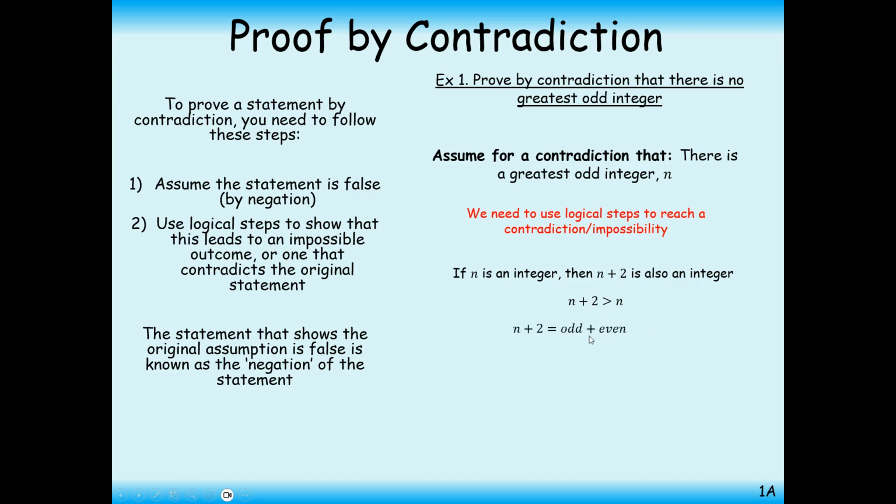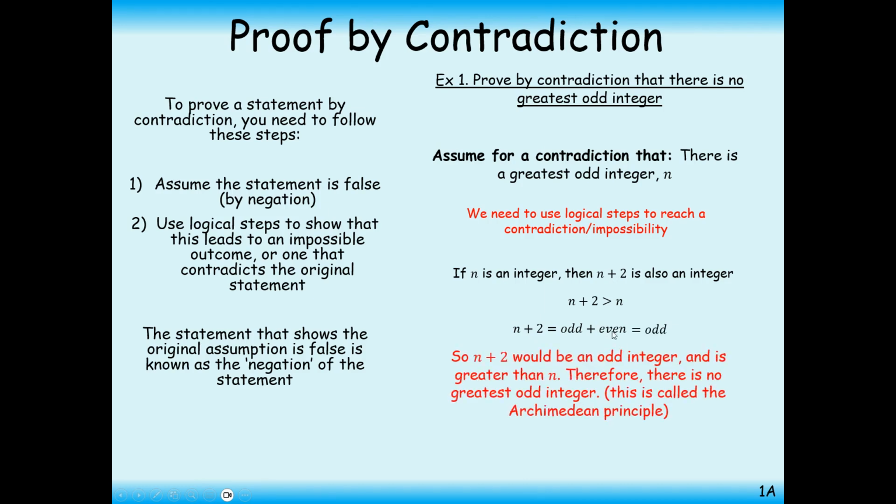Now, if you remember, adding 2 to an integer will leave it an odd number. So n plus 2 is an odd number. Now we have a contradiction: the second odd number, n plus 2, is actually larger than the first odd number, which we said was the greatest odd number, and therefore this statement must be wrong.